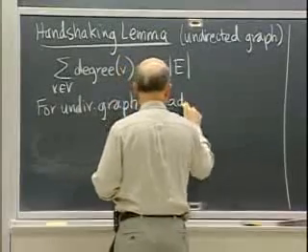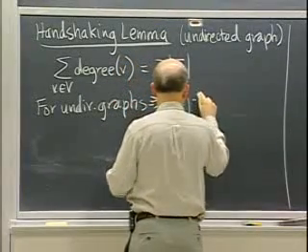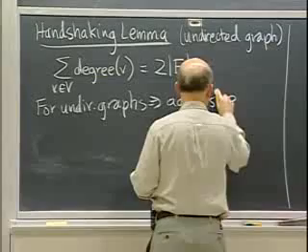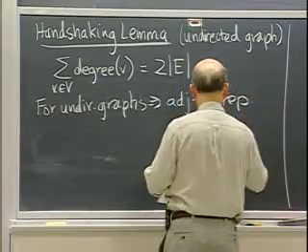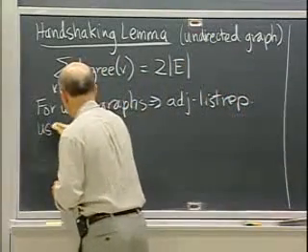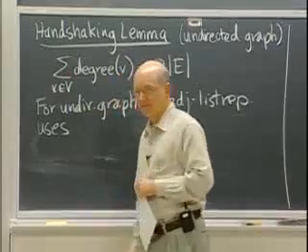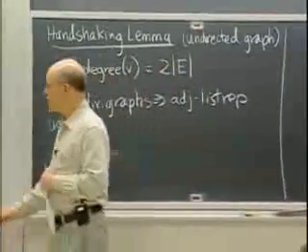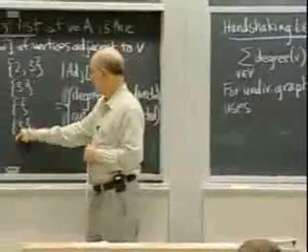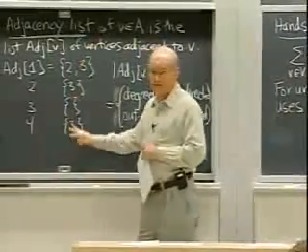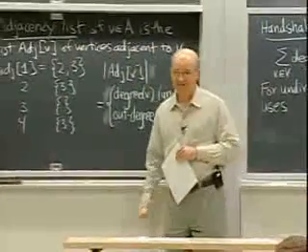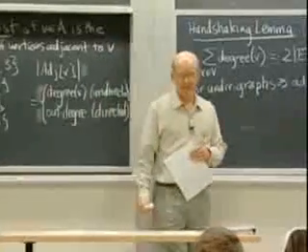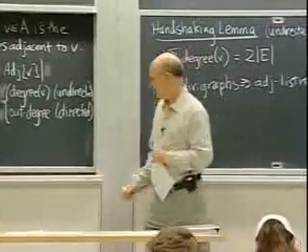So what that says is that for undirected graphs, that implies that the adjacency list representation uses how much storage? At most 2e, so order e, but that's not all. Plus the number of vertices.